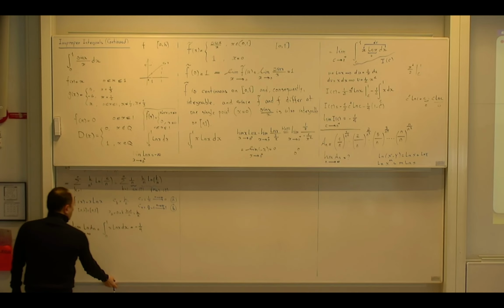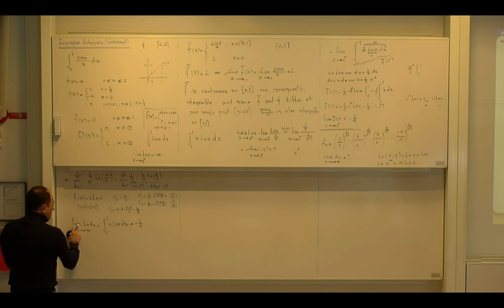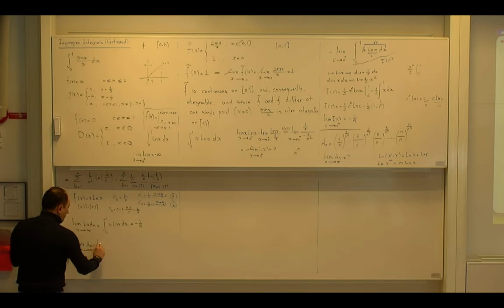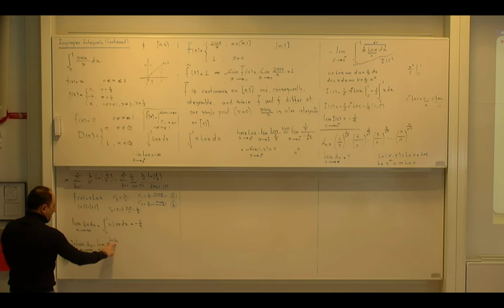But be careful, the question is not asking you what is the limit of ln of a_n, the question is asking you what is the limit of a_n itself. So what is the limit of a_n itself? I can say that the limit of a_n, that the question is demanding, is equal to the limit of e to the power of ln of a_n, n goes to infinity, because e to the power ln of a_n is the same.